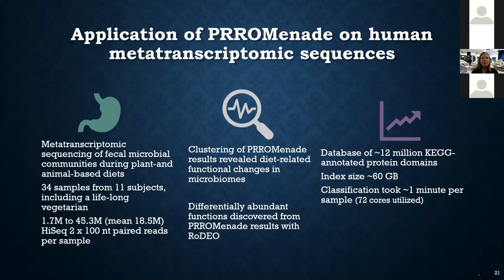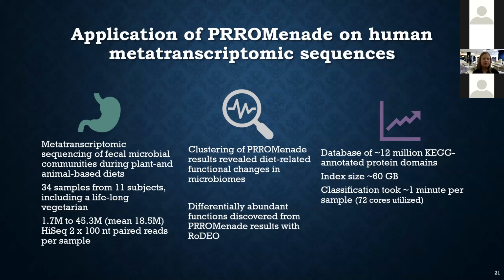So I'll tell you more about this metatranscriptomic data. This was from a Nature paper looking at how the human gut microbiome changes with diet. This was an experiment where people ate a plant-based diet and then a diet with animal-based content, and then looked at the differences.